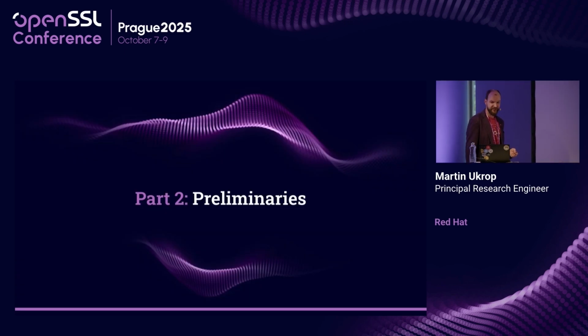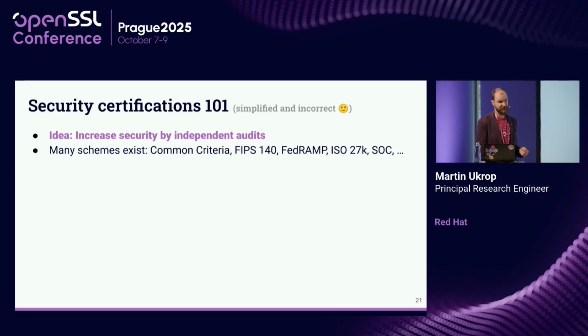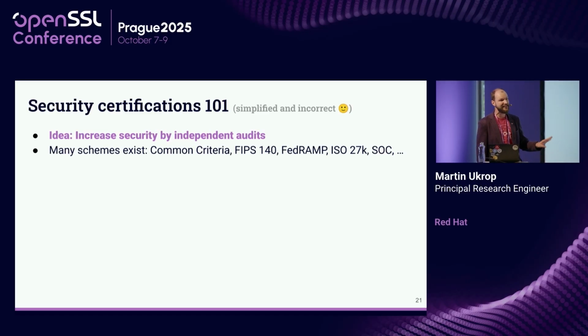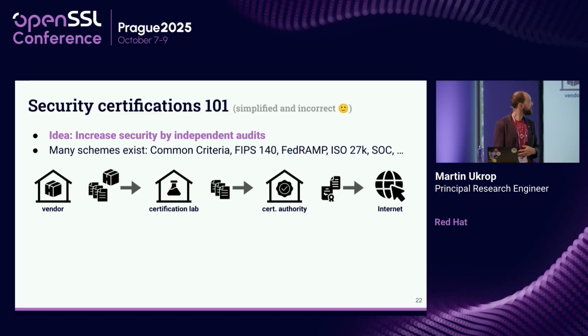For the preliminaries, security certifications. The general idea is we want to make hardware and software more secure by putting the thing through an independent audit by a company. Whether this is actually the case or not is a completely different topic that I won't be coming into here, but this is the general idea of the certifications. There are many of them, and it generally works in this way.